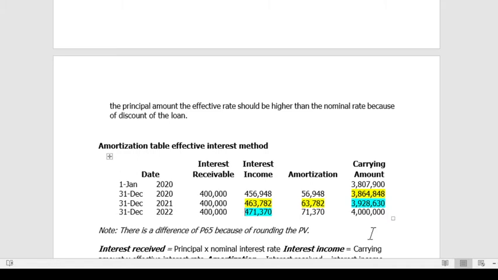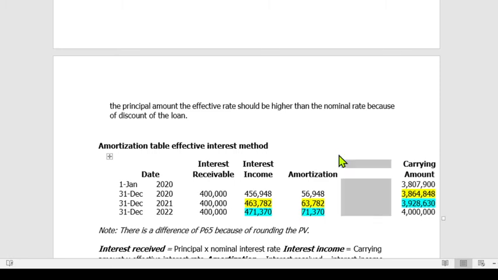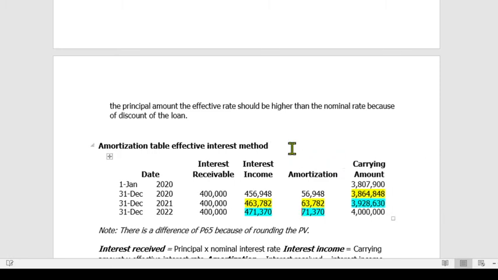Then, yan ay i-add mo lang doon sa carrying amount. 3,928,630 plus 71,370, you will get 4 million.